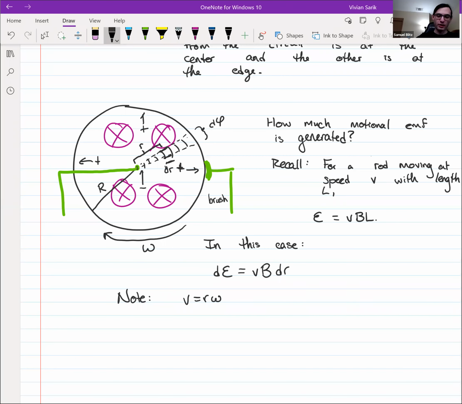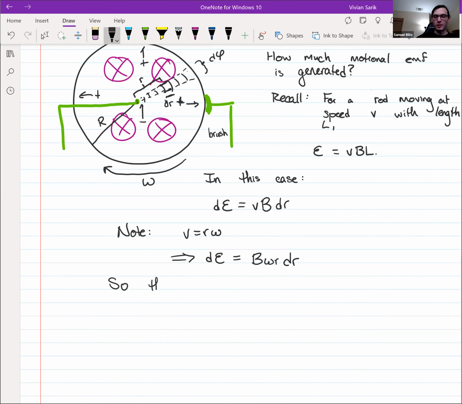Then we get that the small amount of EMF that we add is dEMF = B omega r dr. So the total EMF between the center and the edge is just the integral from the center to the edge of B omega r dr, which is 1/2 B omega R squared. Bigger disks will have more EMF, but it's also harder to spin bigger disks.